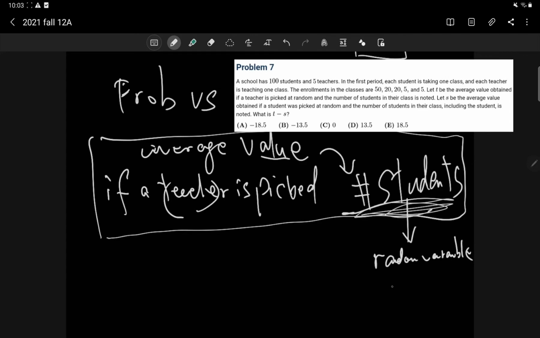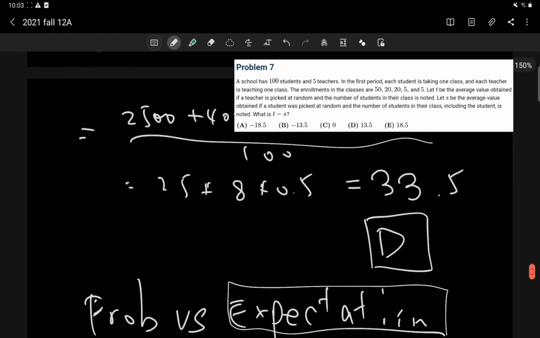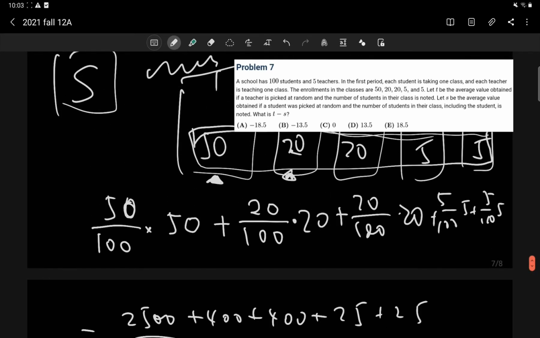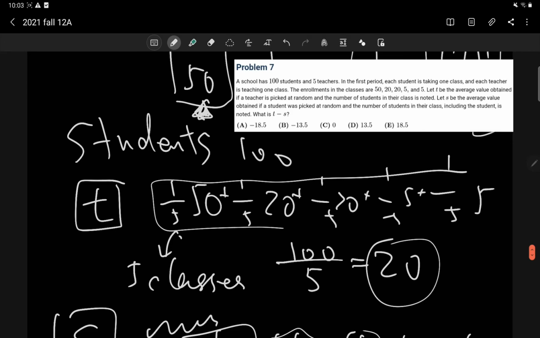And then the value set, right, is actually equal to 50, 20, 20, and 5 and 5. So we know that our answers by the end of the day, you see here, no matter whether it is this one or this one, right?